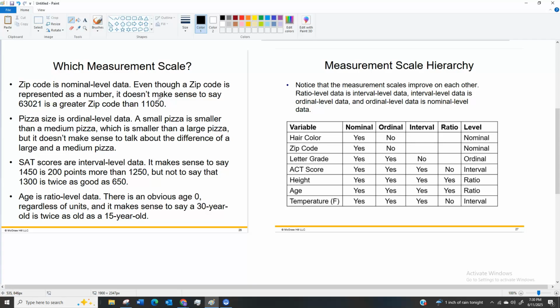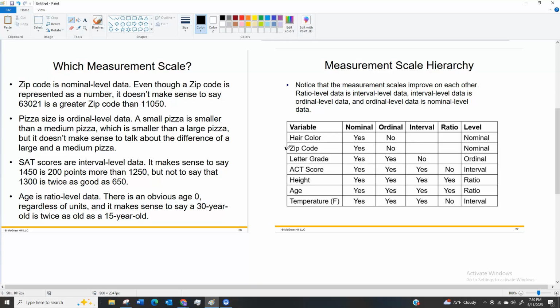You wouldn't say, oh, I have a smaller zip code than you. You can't even say this zip code is further east because it's a bigger number, or further south because it's a bigger number. They really are just kind of random. The only thing is zip codes that are close to each other might be close to each other. So zip codes only reach the nominal level.